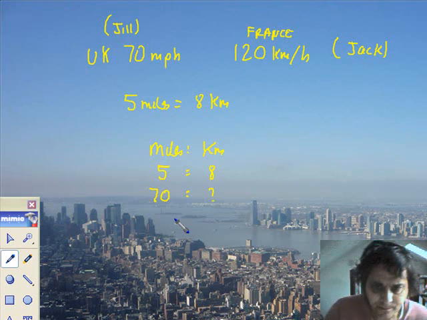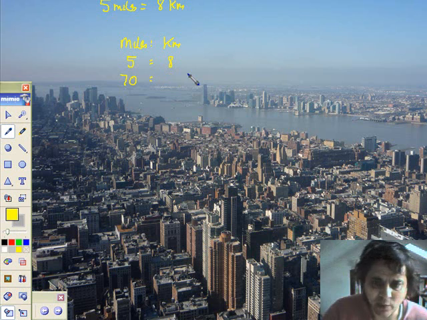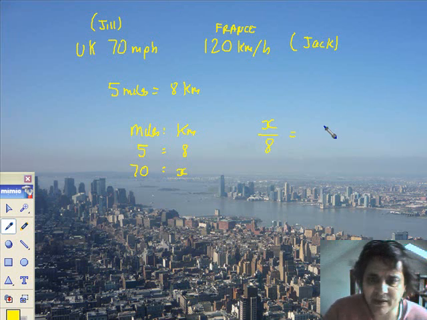Alright, so here we go. How do we do ratios? Let's call it X. It's better than a question mark, very unstylish. So if I call that mystery X, I can say X divided by 8 is just like comparing 70 divided by 5. So X over 8 equals 70 over 5. I can do it several ways, but that's the way I want to do it at the moment.